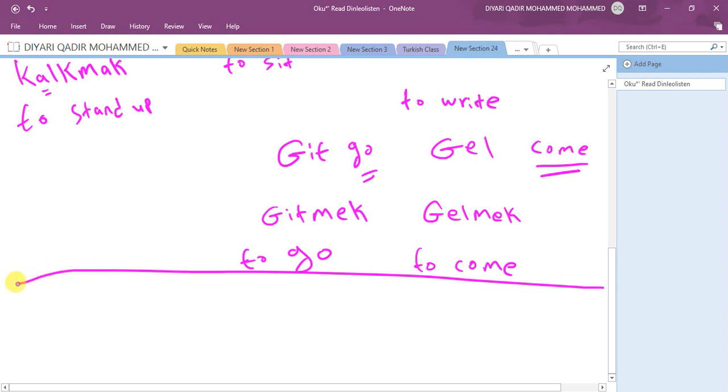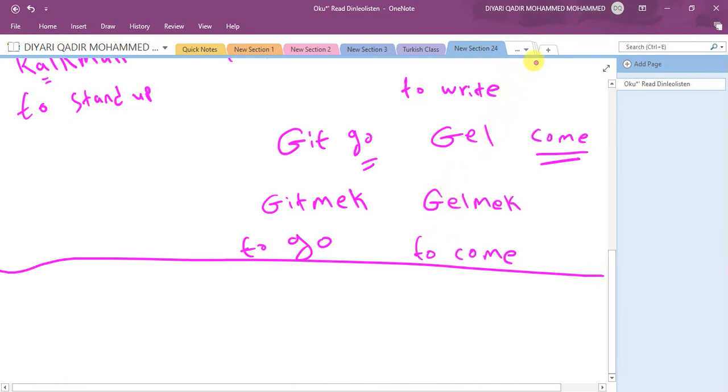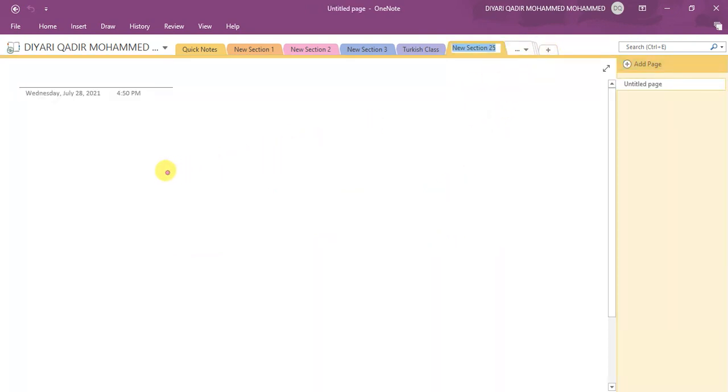Now we understood the basics of the format of the verbs in Turkish. Okay, now we are going to talk a little bit in detail. This is the general, so we are specifying and clarifying in detail about these types of formats. For example, let's bring an example.